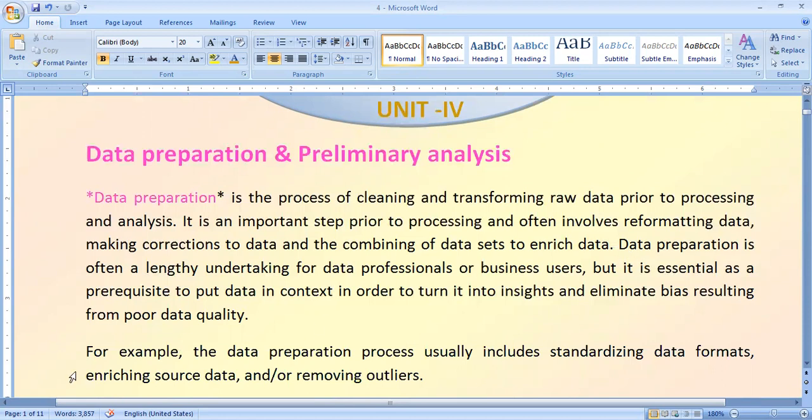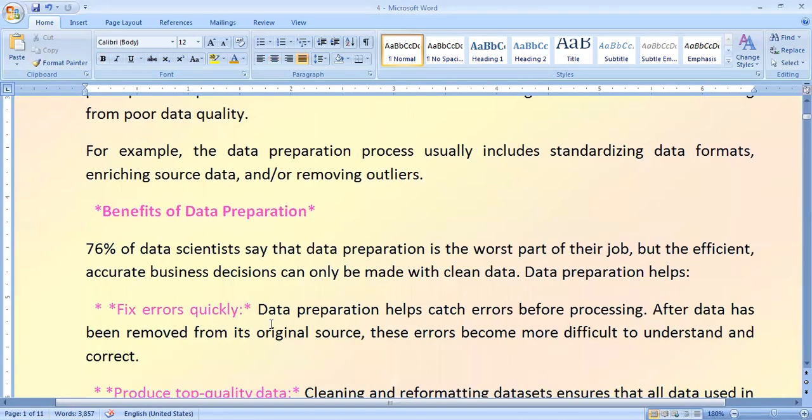Data preparation is often a lengthy undertaking for data professionals or business users, but it is essential as a prerequisite to put data in context in order to turn it into insights and eliminate bias resulting from poor data quality. For example, the data preparation process usually includes standardizing data formats, enriching source data, and/or removing outliers.